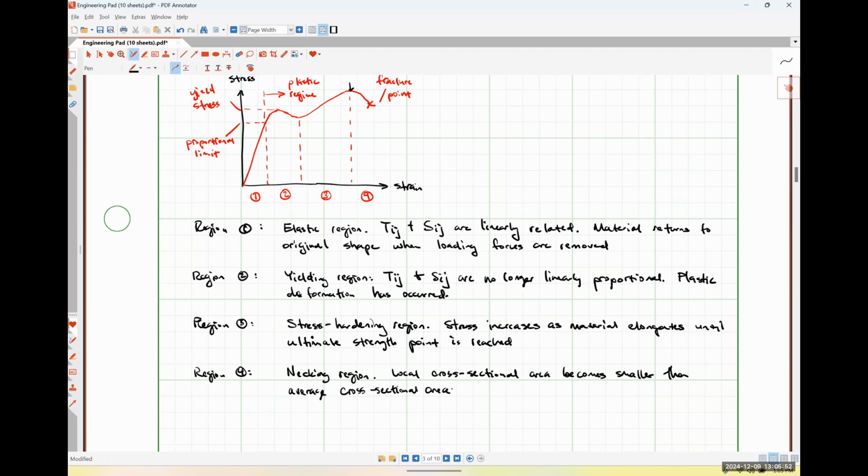And this occurs until the fracture point is reached, at which irreversible failure occurs. Okay.